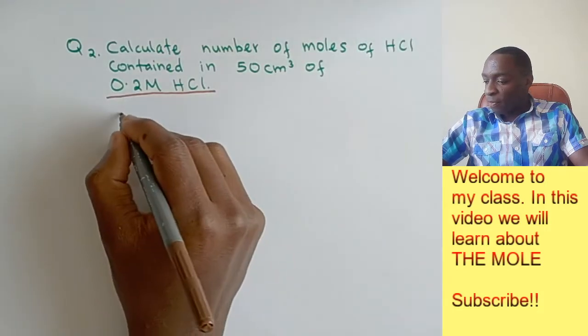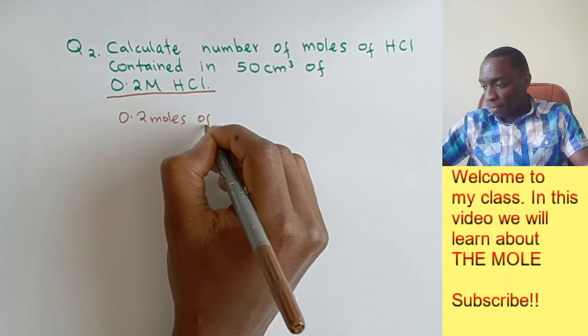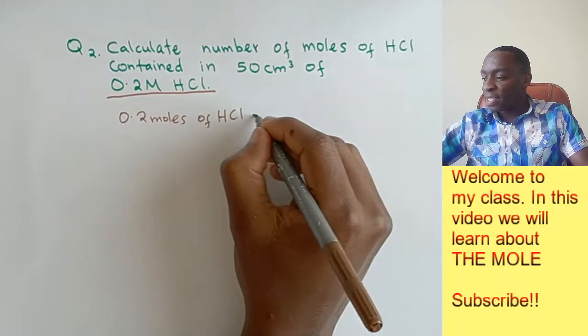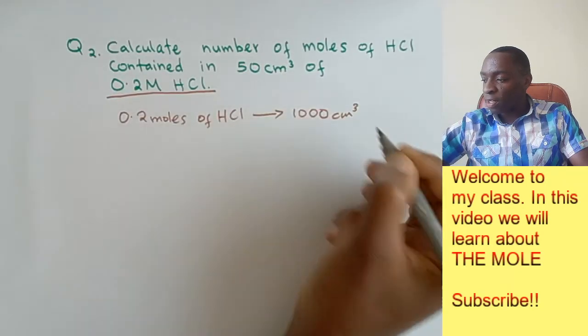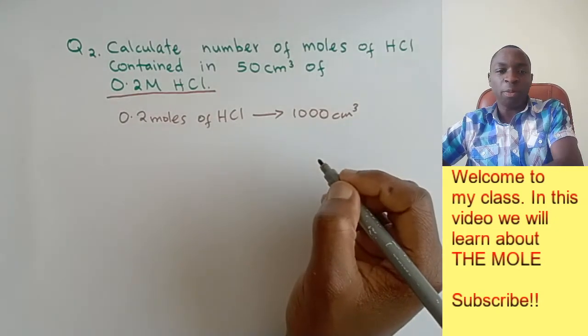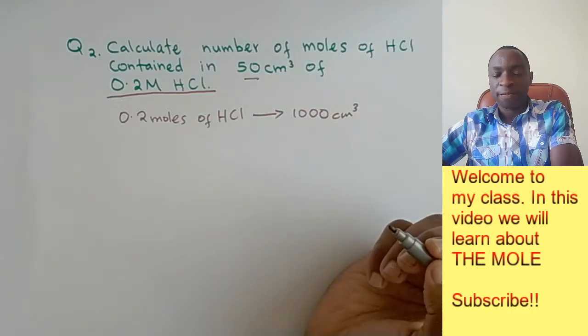So you'll say 0.2 moles of HCl, that is hydrochloric acid, are present in 1,000 centimeters cubed. Now the question would be, how many moles would be present in this volume right here, 50 centimeters cubed?